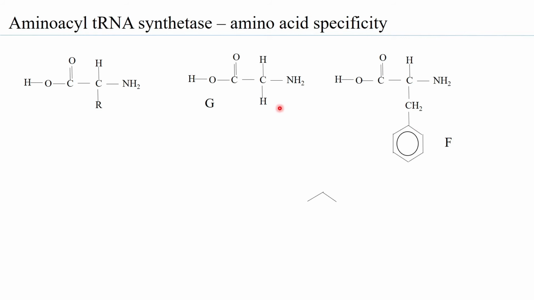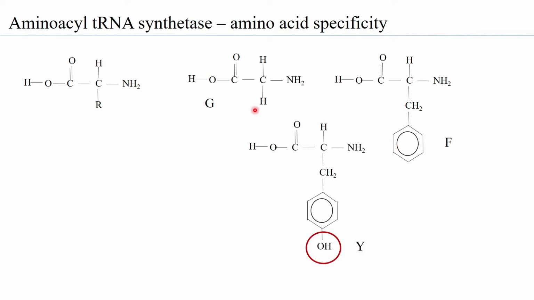So you can see that based on how the active site is able to interact with the amino acid decides whether you are going to have a favorable interaction or not, and that is one way of distinguishing one amino acid from the other. But that is because these two amino acids are very different from each other.